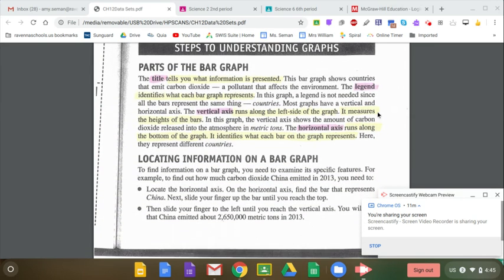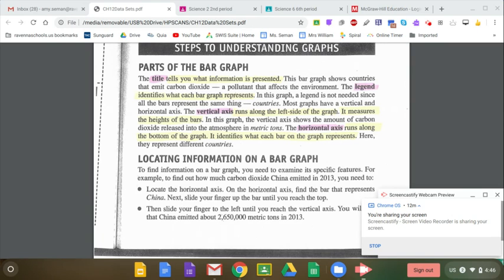Steps to understanding graphs. Parts of the bar graph. The title tells you what information is presented. This bar graph shows countries that emit carbon dioxide, a pollutant that affects the environment. The legend identifies what each bar graph represents.